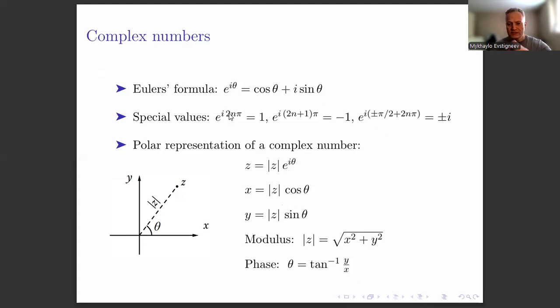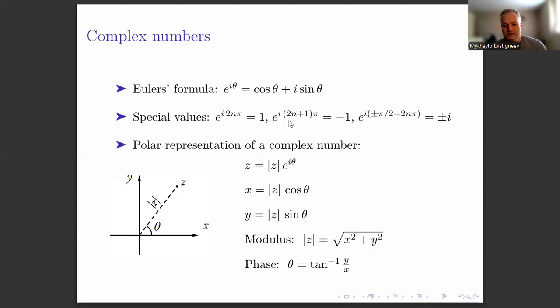Now notice that there are special values of this exponential, e to the power i theta, cos theta plus i sine theta. If theta is an integer multiple of 2 pi, then cos 2n pi, where n is an integer, is always 1. Sine of 2n pi is always 0. So e to the power i times 2n pi, where n is an integer, is always 1.